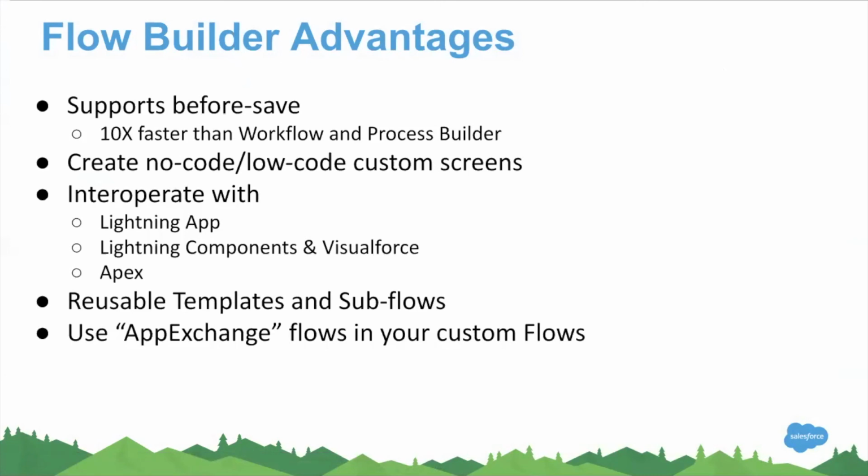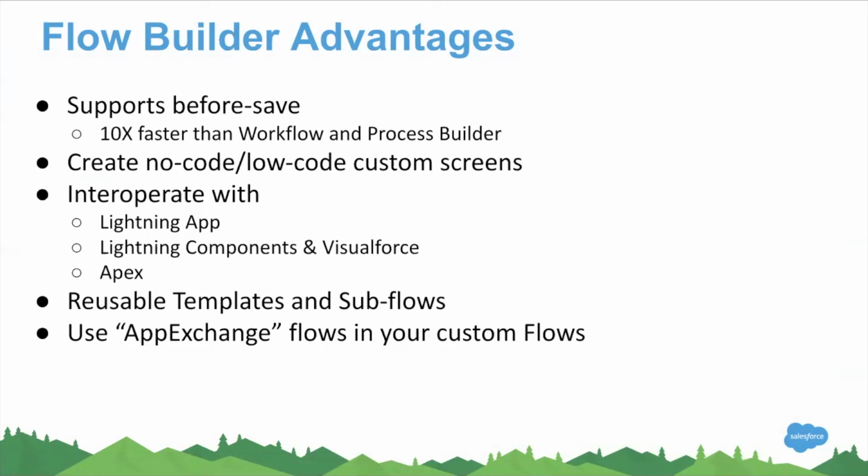So we have an option called before save, which gets invoked even before the workflow rules or Process Builder get invoked. Salesforce has a huge order of execution behind the scenes, and workflow rules and Process Builder happen later on, only when the record gets committed in the database.